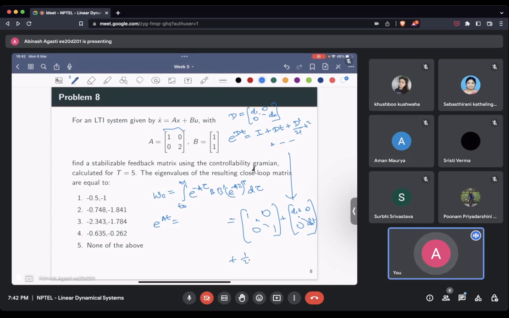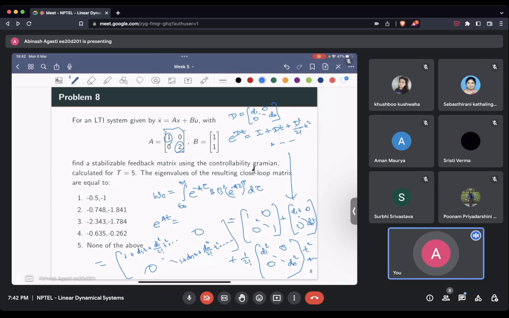D square, on the other hand: if you multiply a diagonal matrix with itself, only the elements along the diagonal will be non-zero, and they will turn out to be d1 square till dn square. So what you end up getting is 1 plus d1 t plus d1 square by 2 factorial t square and so on, zeros everywhere, and similarly 1 plus dn t plus dn square by 2 factorial t square plus so on, an infinite series.